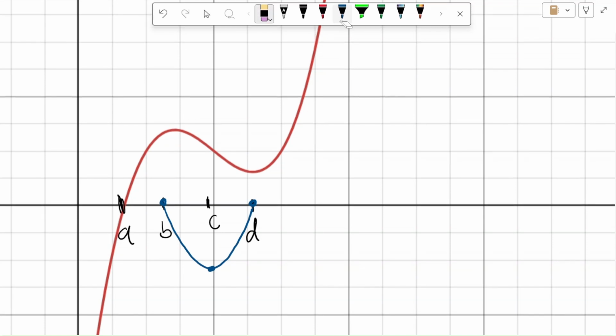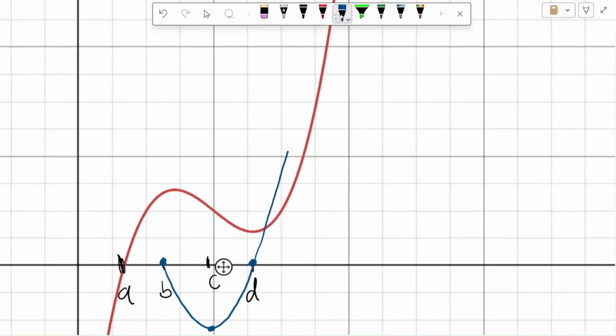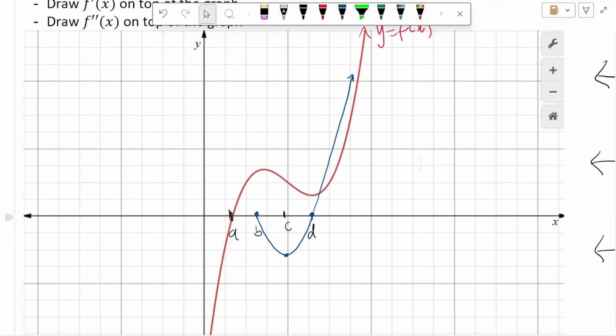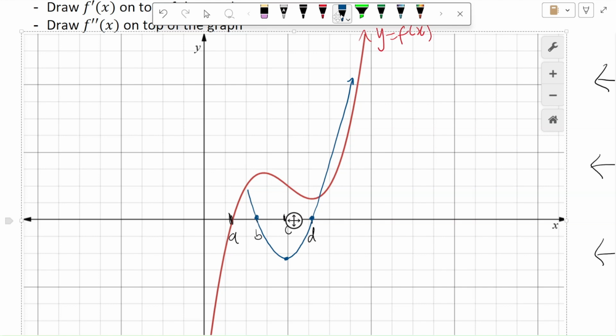Notice how it's sloping up after D. That'll tell us that the graph goes above the axis there. Notice how it's also sloping up before B. That'll tell us that the graph goes above the axis like that there. This graph here, the blue one, y equals f dash of x.